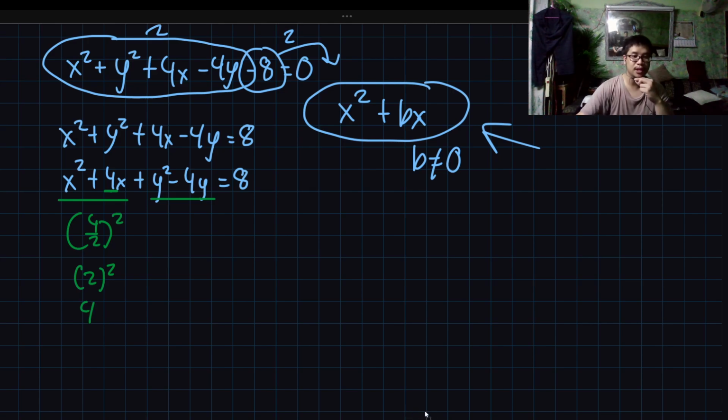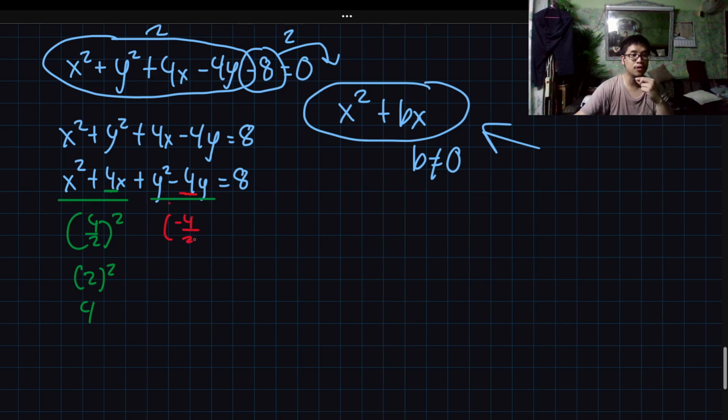Next, we will do the same thing for the y. So for y squared minus 4y, it's similar to this form, so we will use completing the square. First, we get the coefficient of y, which is negative 4.